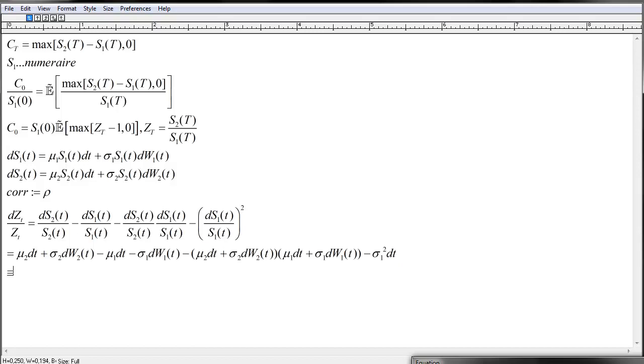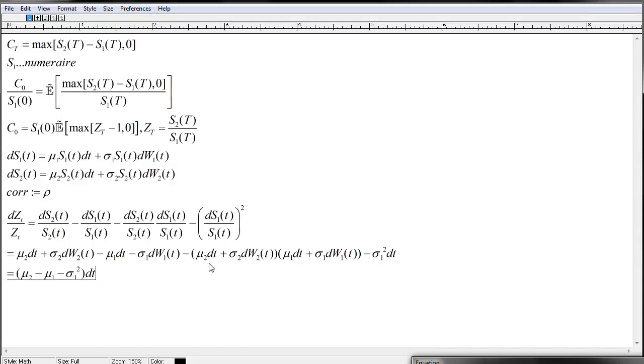Okay, so let's somehow regroup this. I don't like this behavior of the math type, but I cannot do anything with that. Okay, minus these guys at the end, times dt plus, let's focus on what happens with this term.